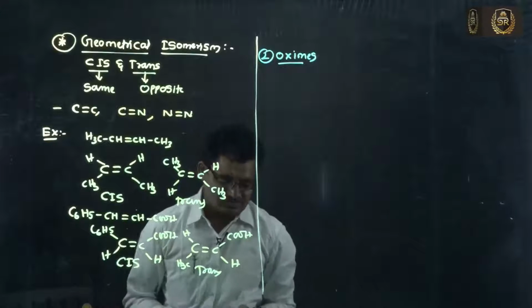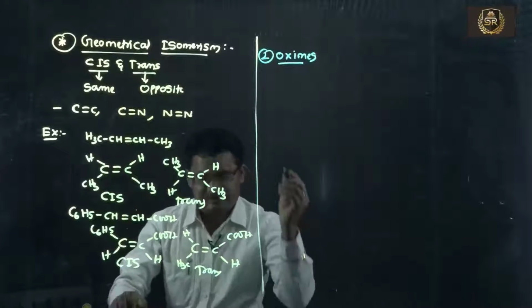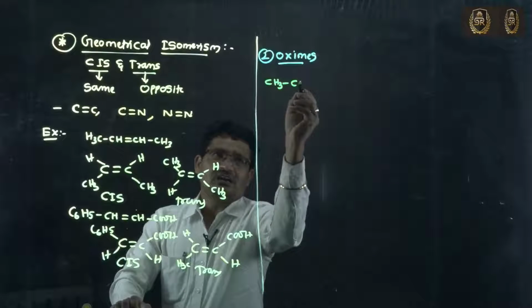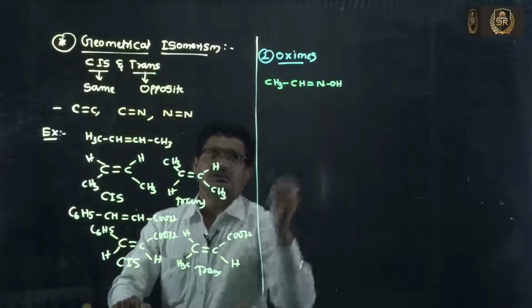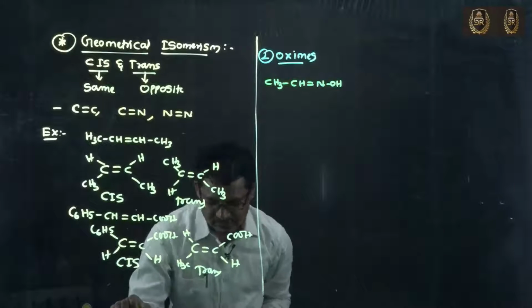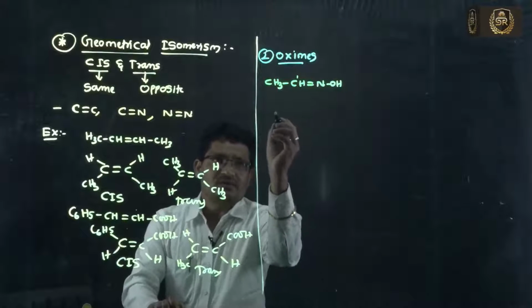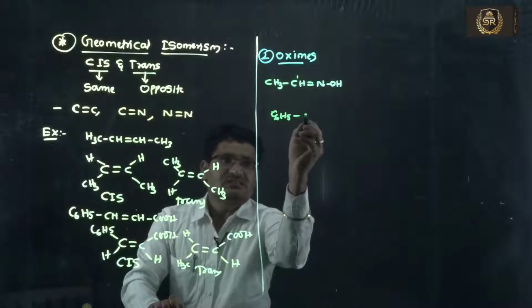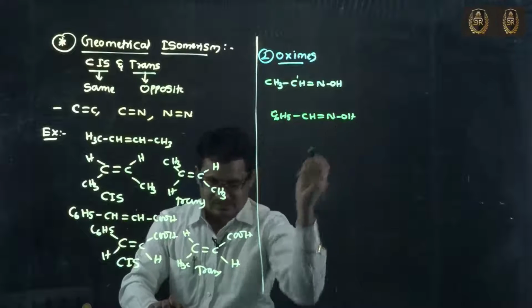What is the formula of oximes? The formula of oxime is CH3 CH=NOH, and CH3 C=NOH is also an oxime. The next example is C6H5 CH=NOH, which is also one of the examples.